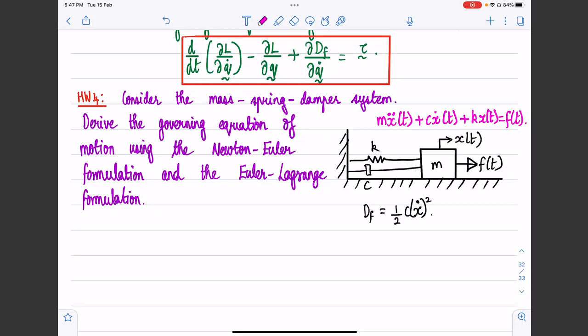All right. These are the main concepts that I wanted to share with you today. The two main formulations that are used in rigid body dynamics are the Newton-Euler formulation and the Euler-Lagrange formulation. The question is, when do we use which one? That's a natural question, and the answer is it depends.